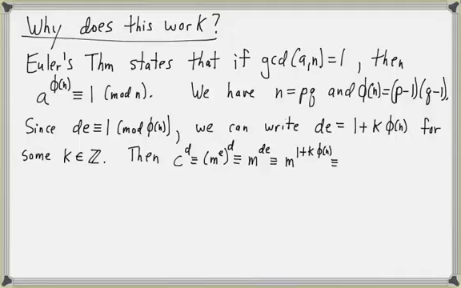I can write this as M to the first power times M to the power phi of N raised to the power K, which is just congruent to M times 1 to the power K. So this is just congruent to M when I reduce mod N.